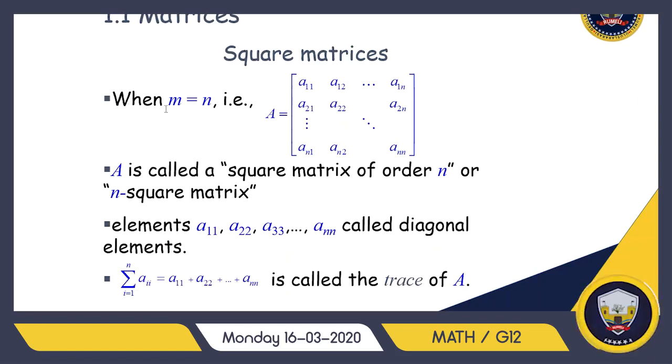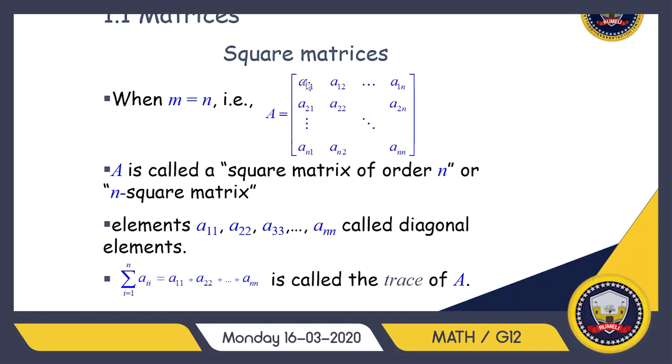Whenever we have m equals n, or the dimensions of this matrix are equal, we can define a special matrix, which is the square matrix. A is called a square matrix of order n, or an n-square matrix, when the number of rows equals the number of columns.